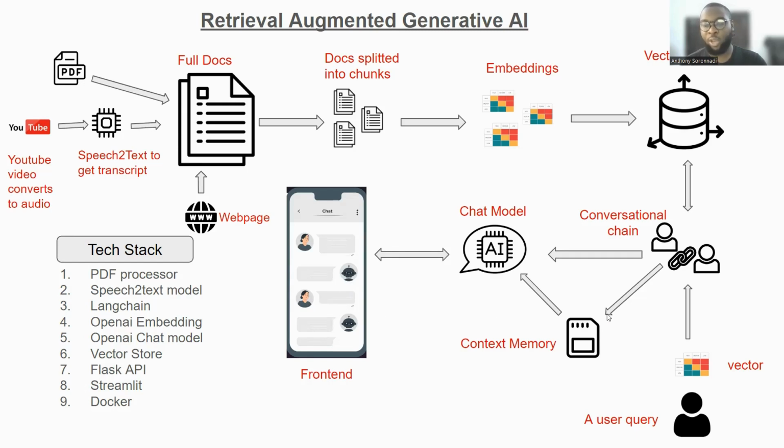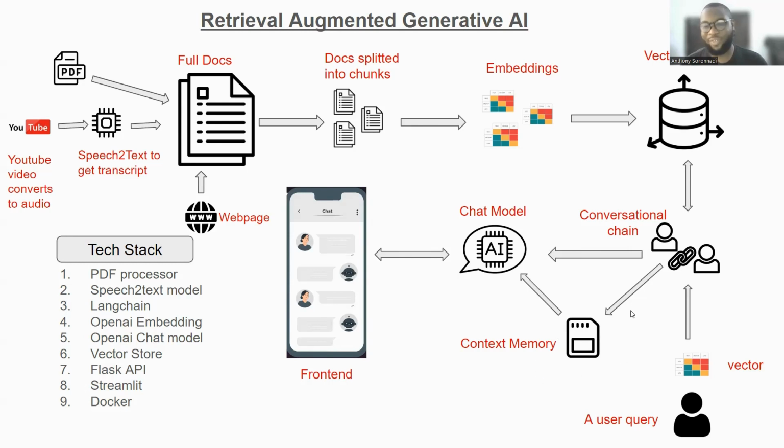As the conversation is going, there's a context memory, like the history of what has been happening. So maybe you say, who's Anthony, and it's going to tell me who Anthony is based on the data that I have here. And then if I ask, what does he do?